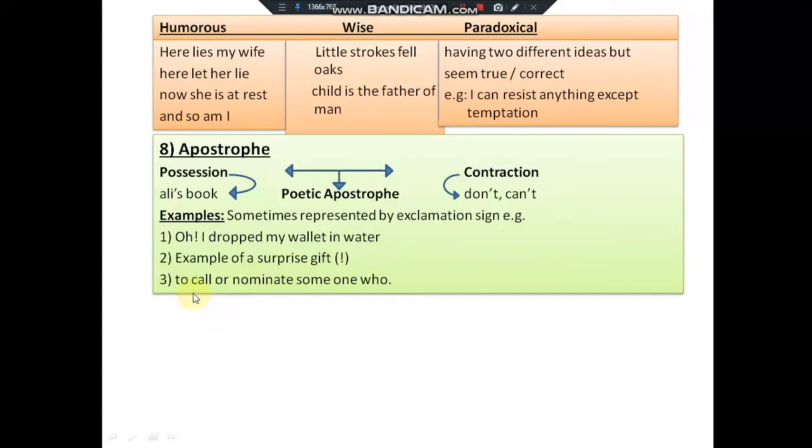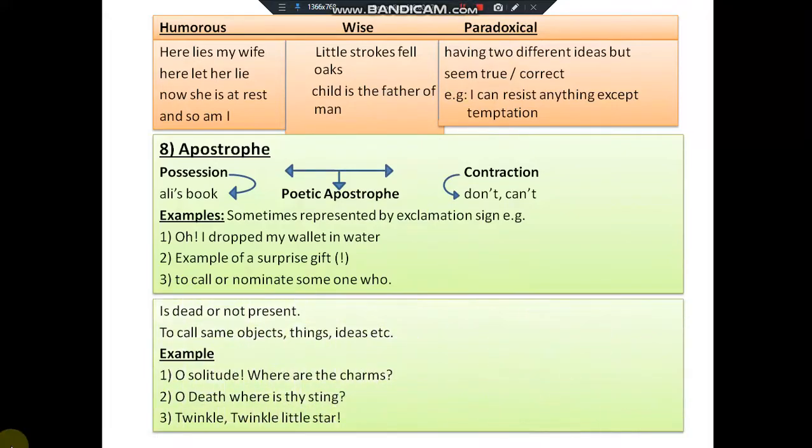And the next one is to call or nominate someone, we use apostrophe. For example, we nominate the one who is dead or who is not present in front of us. And secondly, to call some objects or some ideas or some things.